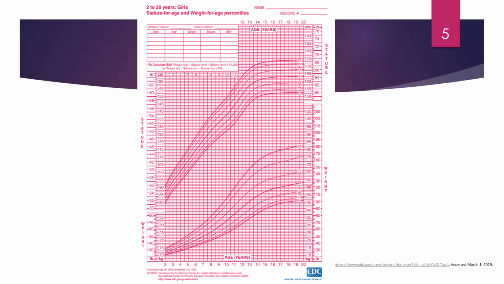Now, in reference to actually where patients fall, patients will fall somewhere on what we call a percentile. So this percentile is basically where you are at in comparison to the rest of the population. So if you are at, for example, the 75th percentile in regards to weight or in terms of stature, that means that you are basically at the 75th percentile level compared to the rest of the population.